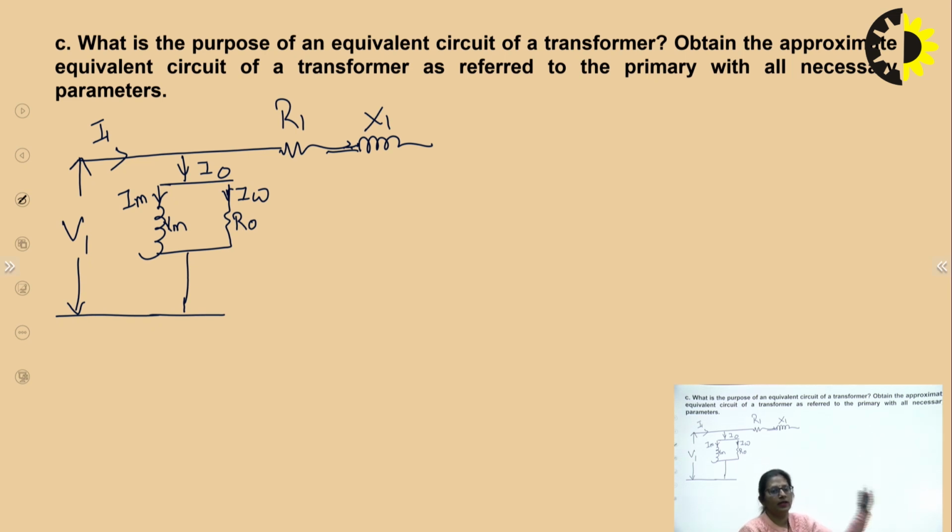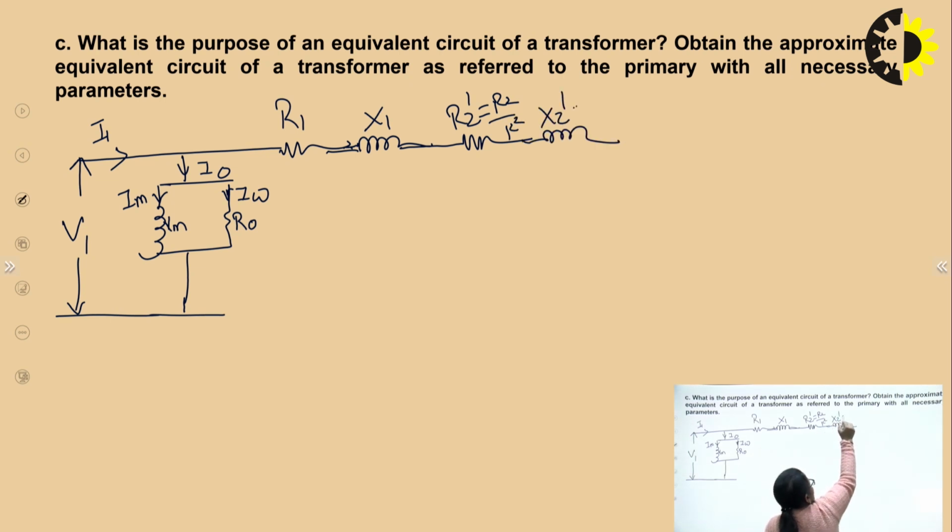Now the secondary parameters are referred towards the primary circuit. When we refer the secondary parameters, R2 dash towards the primary side, its value is changed, and that is given by R2 by K square. Similarly, this is X2 dash, which is X2 by K square. Where K is the transformation ratio of the transformer.